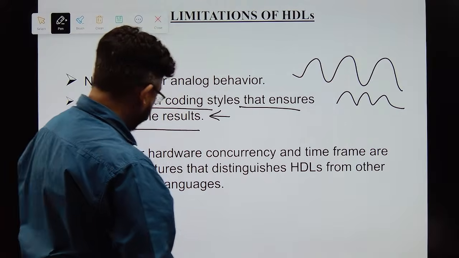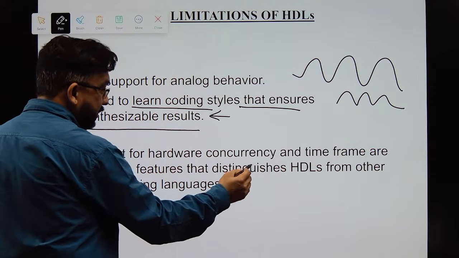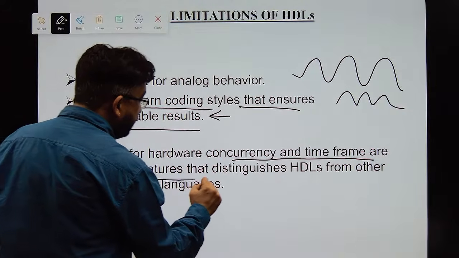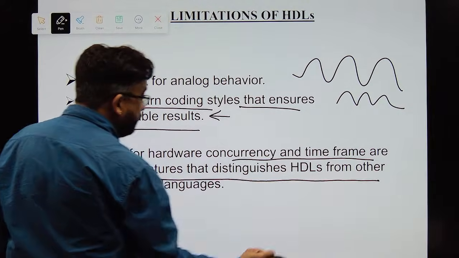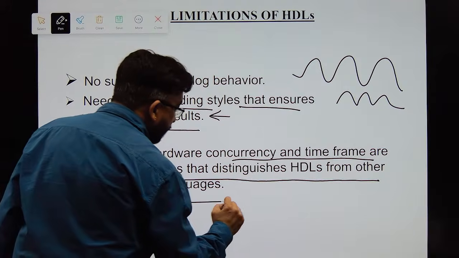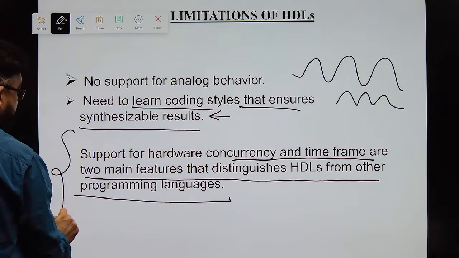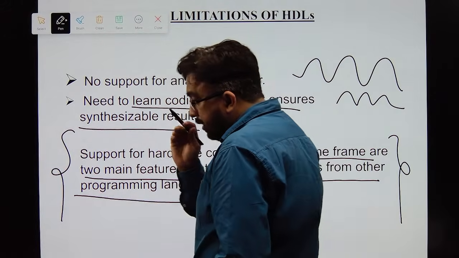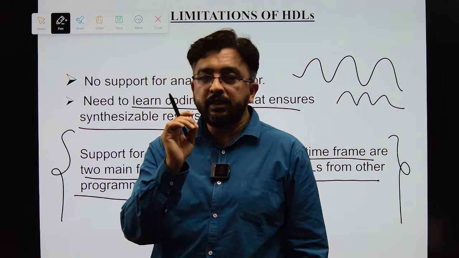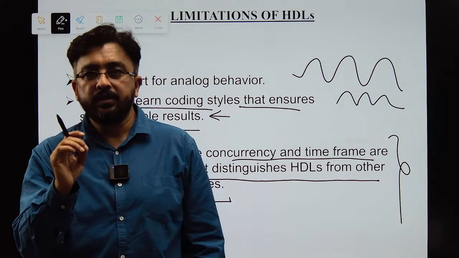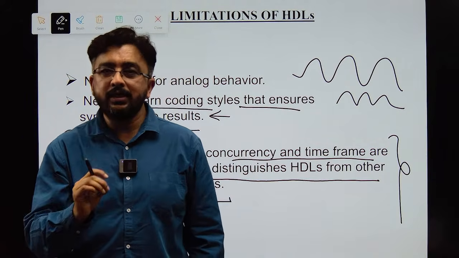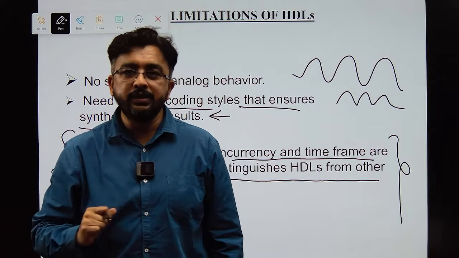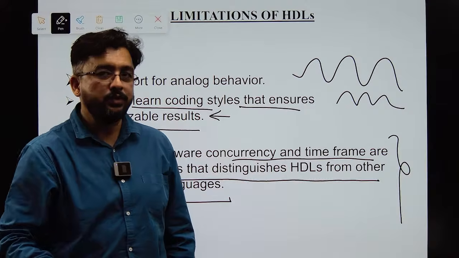Support for hardware concurrency and time frame are two main features that distinguish HDL from other programming languages. Very important. The first interview question everyone asks is why we are using HDL over C. If C is the oldest language, why is Verilog or VHDL used?